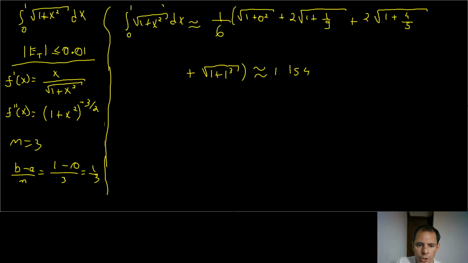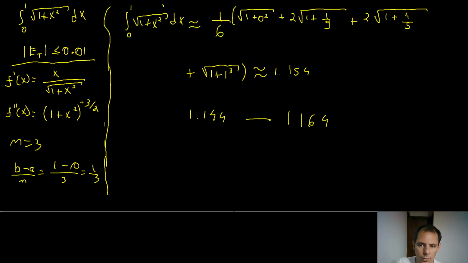So, since you know that this is within this error margin here, you can say that the result is actually 1.154 minus 0.01 and 1.154 plus 0.01. So the range is 1.144 all the way to 1.164.